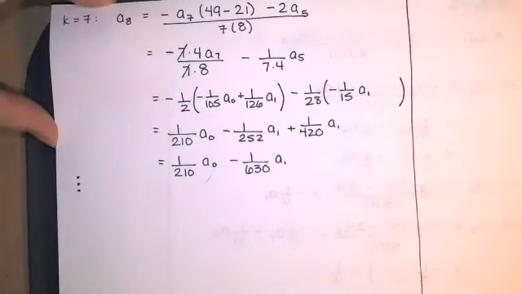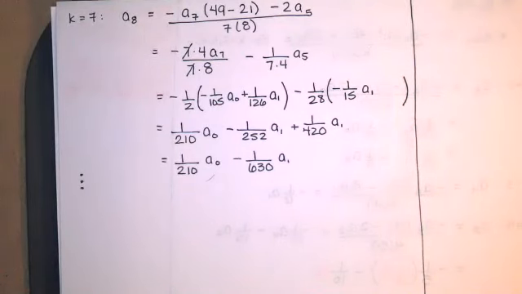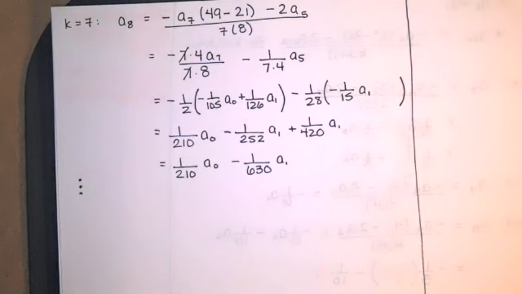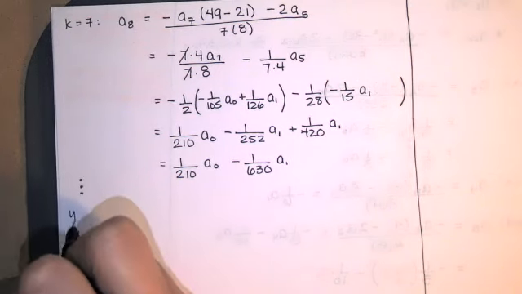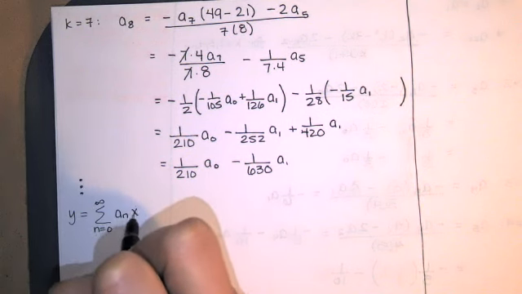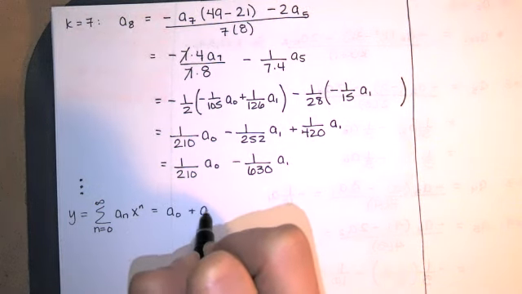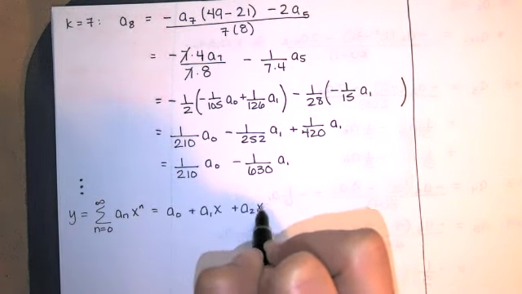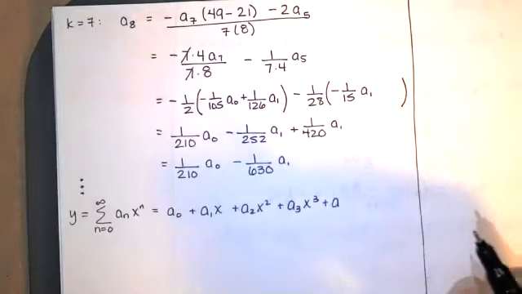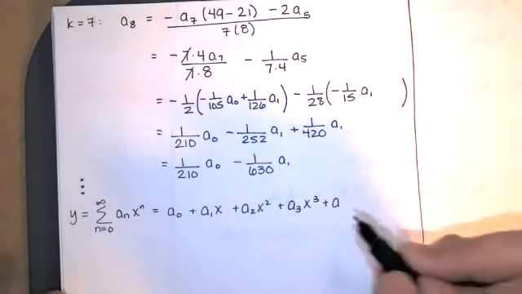Now we wanted 5 terms that depended on a sub 0 and 5 that depended on a sub 1, because I told you that that was going to lead to 2 linearly independent series solutions. If you're saying, how does that work? I'm going to show you now. So you've got a sub 0 through a sub 8, and you want to substitute those into the form of that infinite series that we started with. So you've got a sub n times x to the n, so that's a sub 0 plus a sub 1 times x plus a sub 2 times x squared plus a sub 3 times x cubed, and we're going all the way out to a sub 8, so we want to go all the way up to x to the 8th.